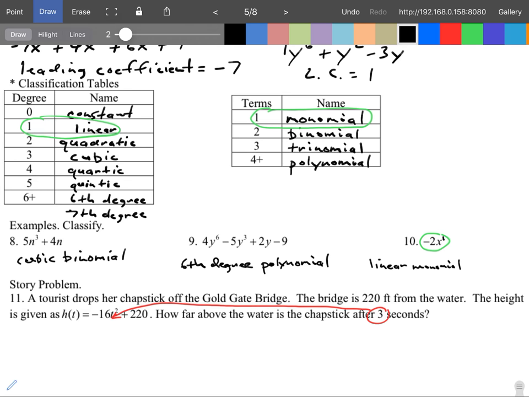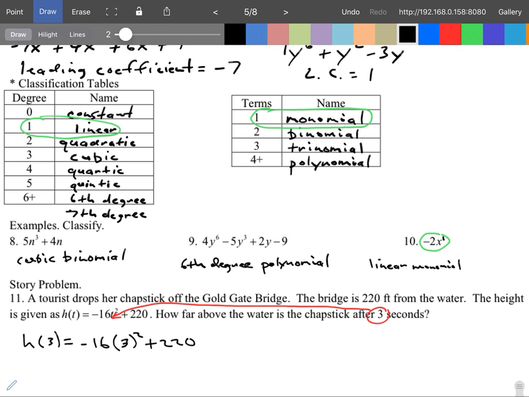So we're going to write the height after 3 seconds is going to equal negative 16 times 3 squared plus 220. And that'll work for any object, as long as it's not like a feather or a piece of paper or something that's going to have wind resistance.